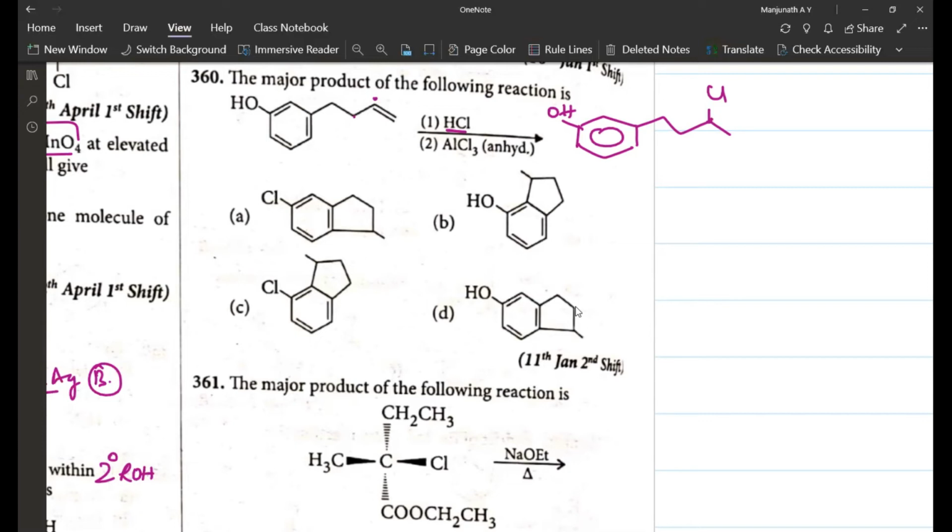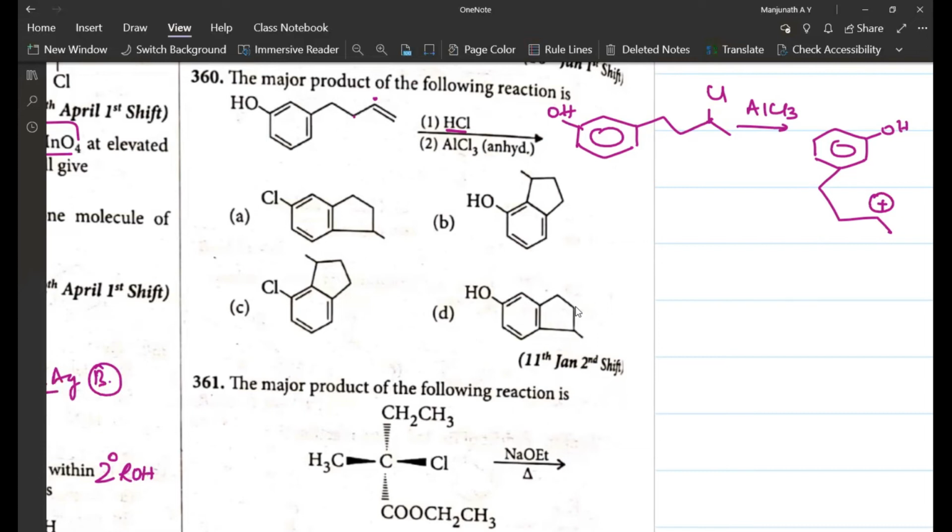Next is AlCl3. When AlCl3 reacts with this particular molecule, it should form a carbocation. I will write OH here. 1, 2, 3, 4. So this will be the carbocation formed. Now what will this do?